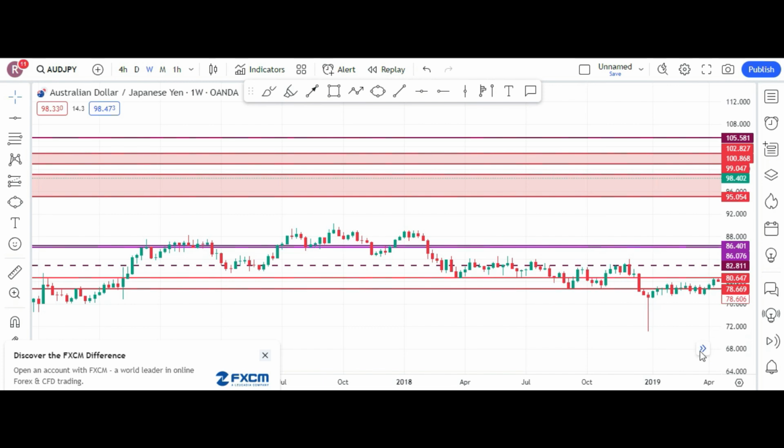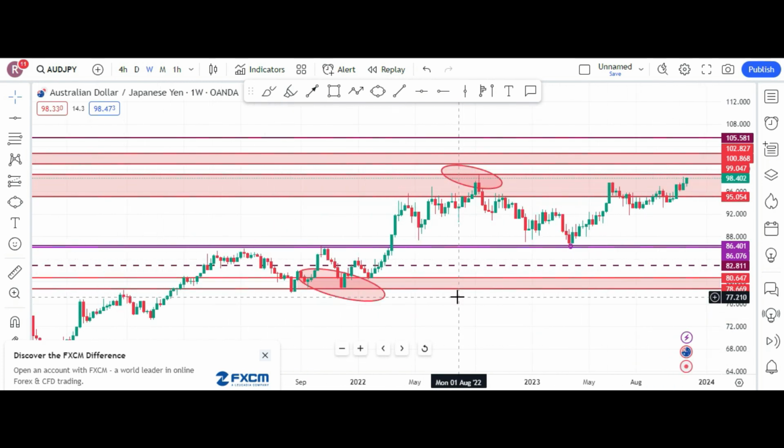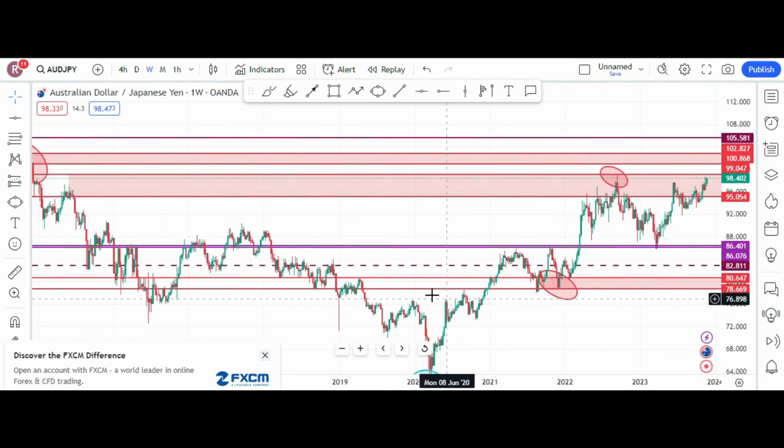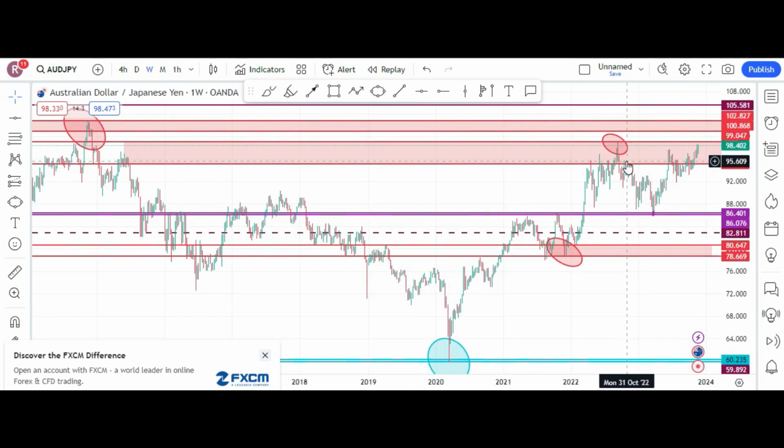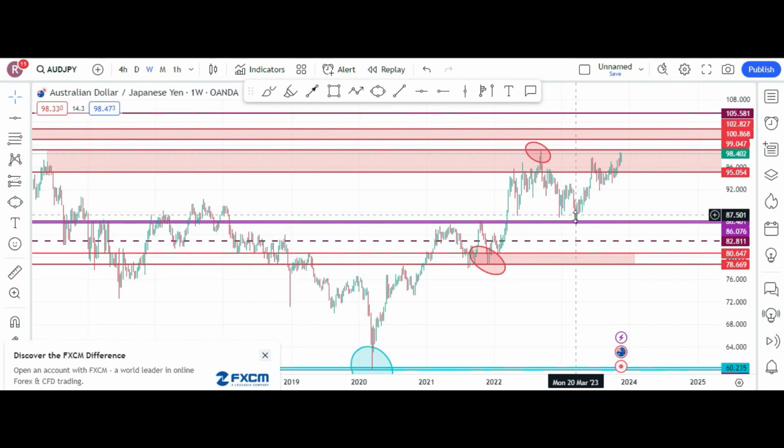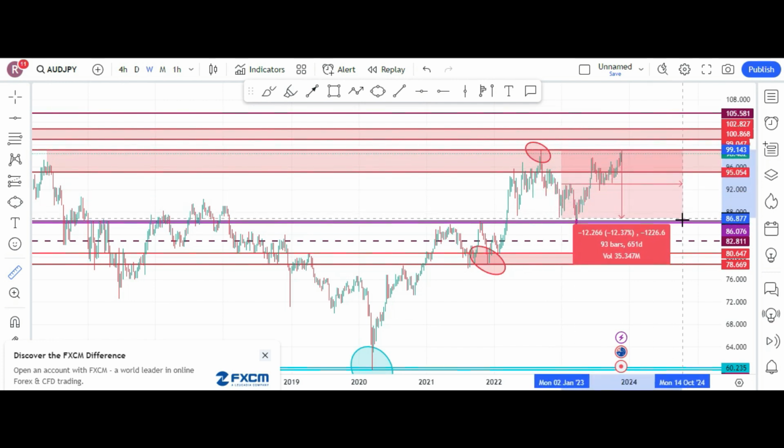Coming back here now. So this is the situation we have. Can you guys see? It fulfilled its journey. If we see this one and this one, can you guys see?